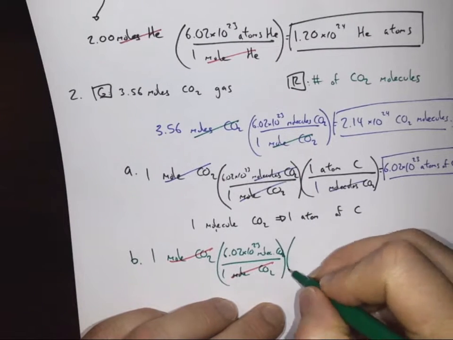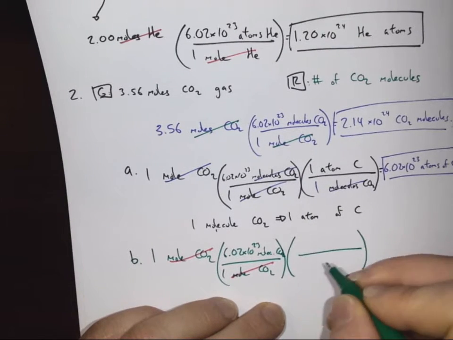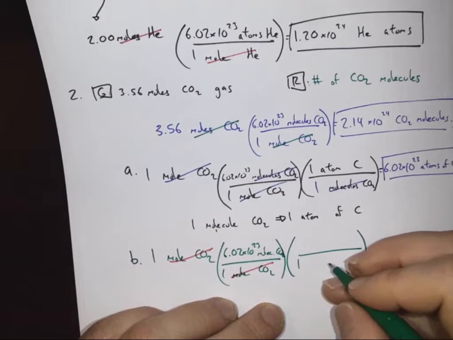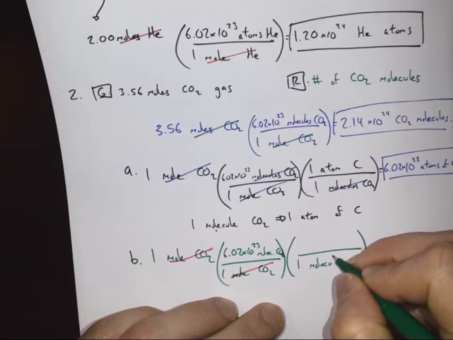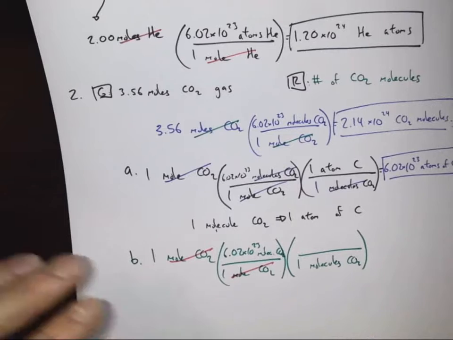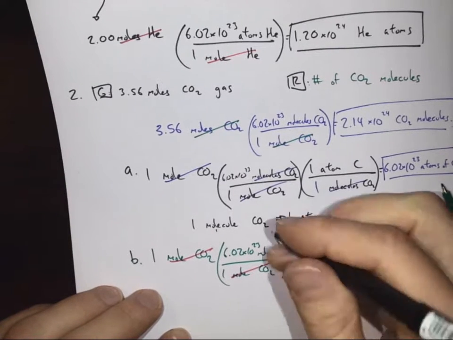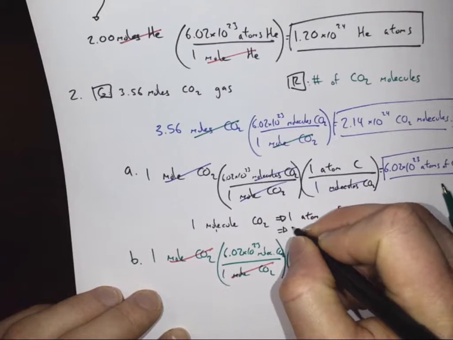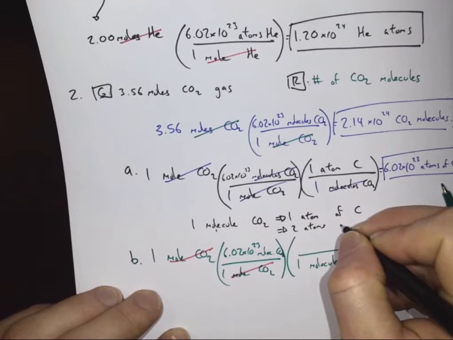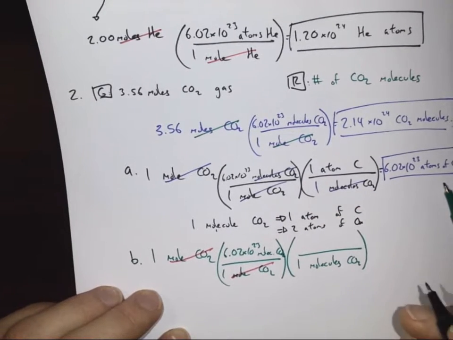So my last conversion factor here is going to cancel out units of molecules of CO2. And for every 1 molecule of CO2, there's 1 atom of carbon, but there is 2 atoms of oxygen.